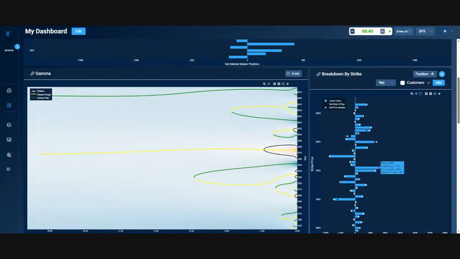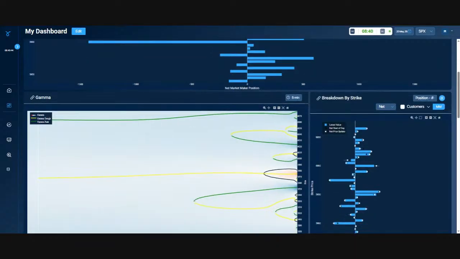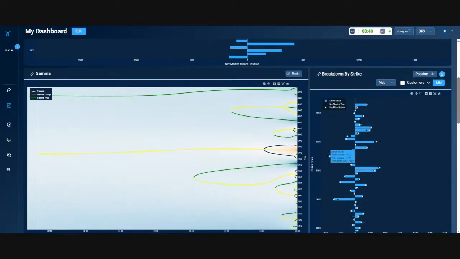Okay, so here's market maker positions. Oh, that's customer. That's market maker. So here's the market maker positions, and here's the corresponding heat map. Now, be aware that the heat map is not just 0 DTE. It's the entire SPX complex to infinity and beyond.